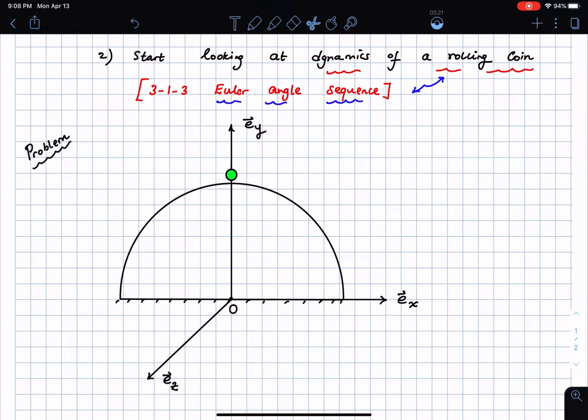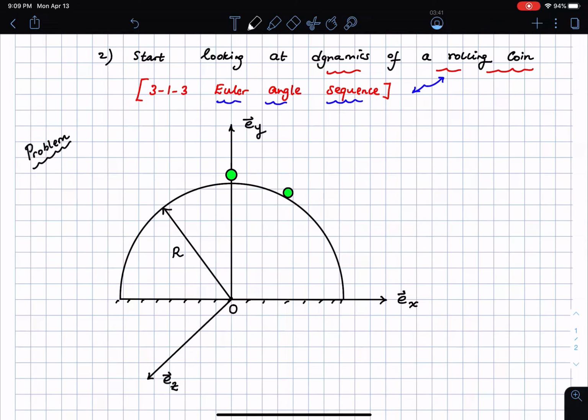Let's say the radius of this surface is capital R. At some point in time the bead is at an arbitrary position, which I'm going to call by a certain angle. So here is the bead at some point in time.